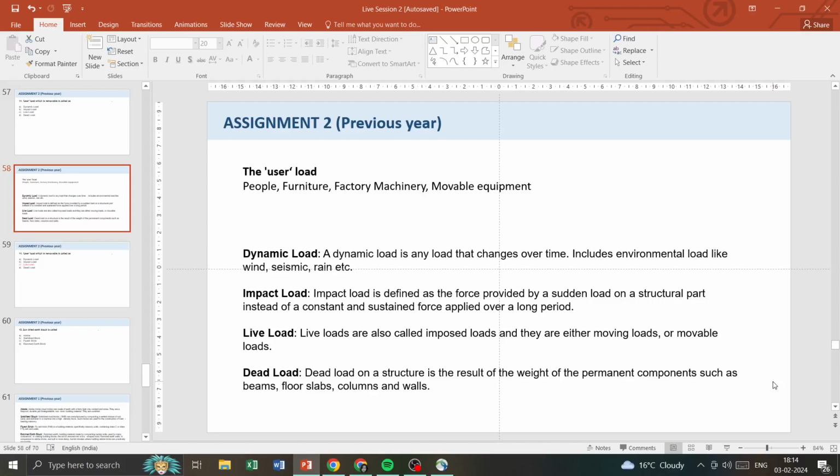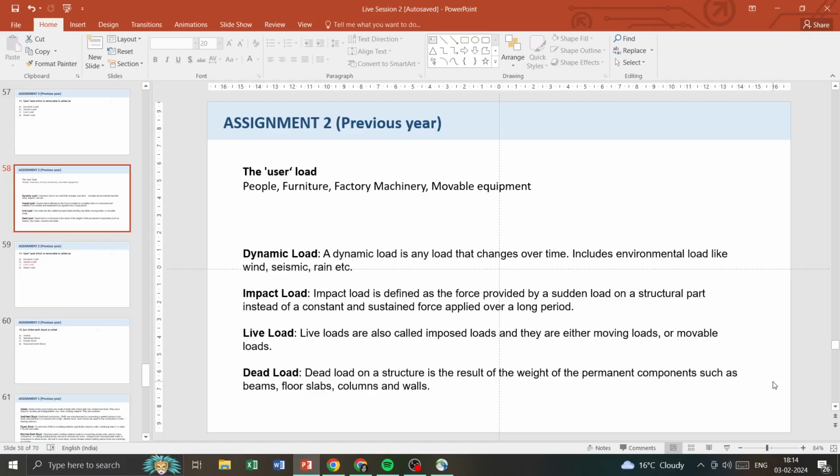When the classroom is filled with 50 students and 1 teacher, there are 51 people, and let's assume that the average weight is 60 kg per person, so we get about 3,000 kgs of weight on the room itself. So that is live load. It's temporary. It is not going to be there always, but when 50 people come together in a room, that live load is created. So that is what live load is.